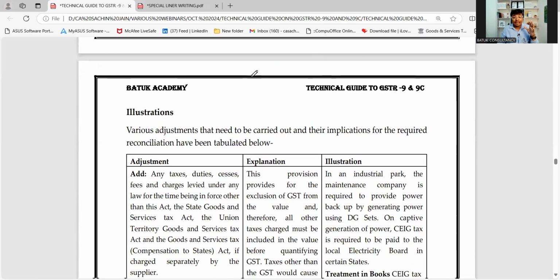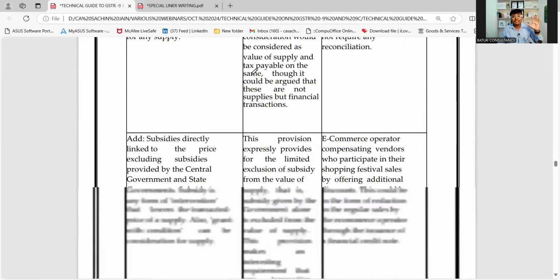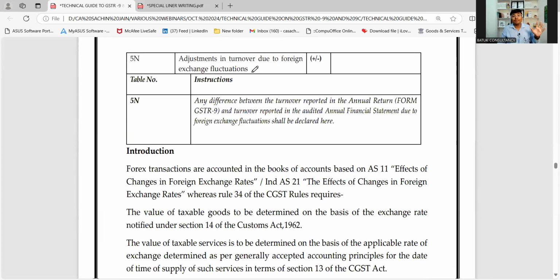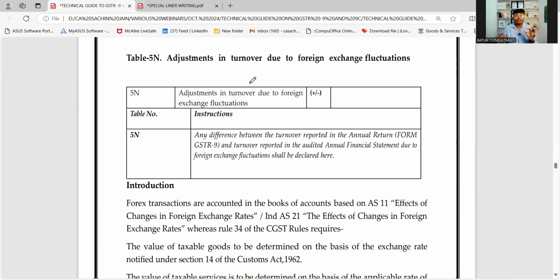And if there is any other reason, not specified above, due to which there is a difference between the GSTR turnover and the books of accounts, then we need to show that also. And there may also be certain differences due to foreign exchange fluctuations.